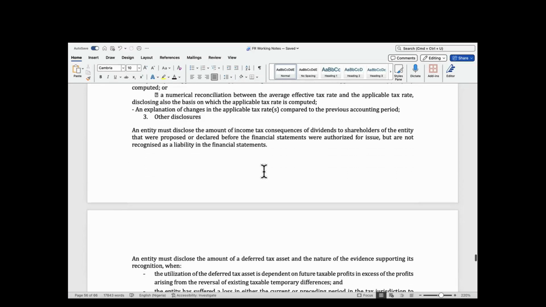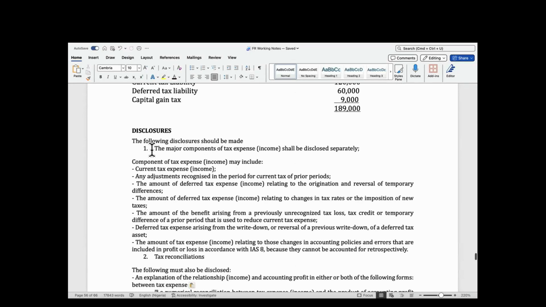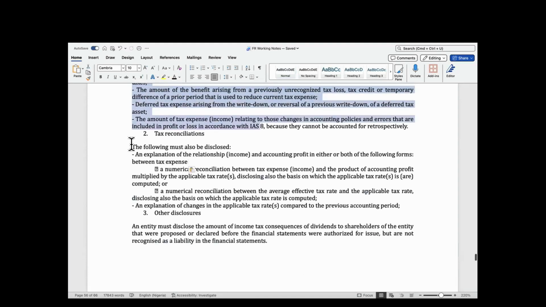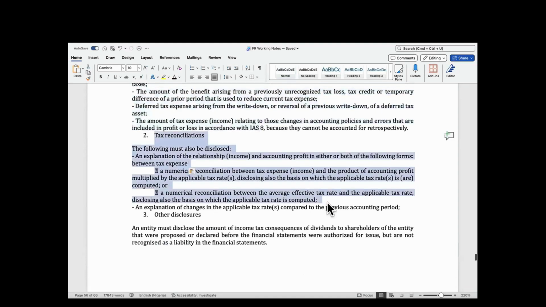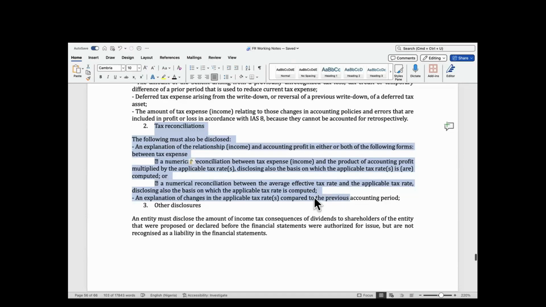I'll read it up. There are other disclosures here, but the one I know they can ask you in the exam is these components, and understand that we usually do reconciliation of income tax expense: if you multiply 30% by accounting profits, it won't be the same. So reconcile it, and also reconcile the effective tax rate.